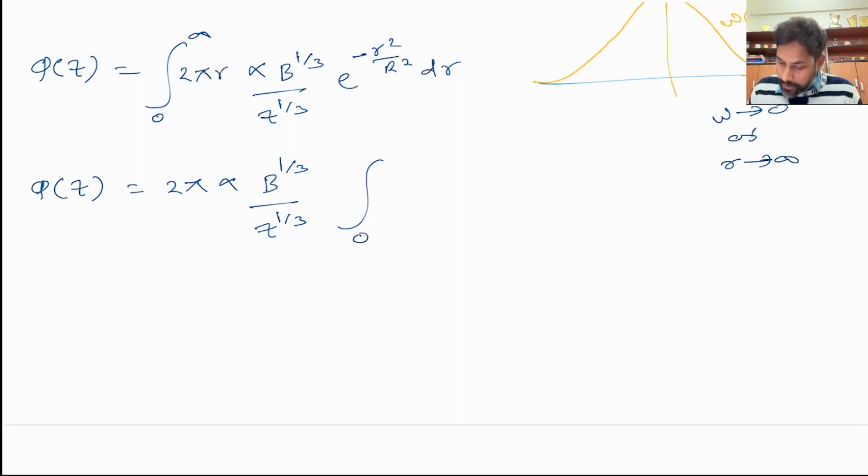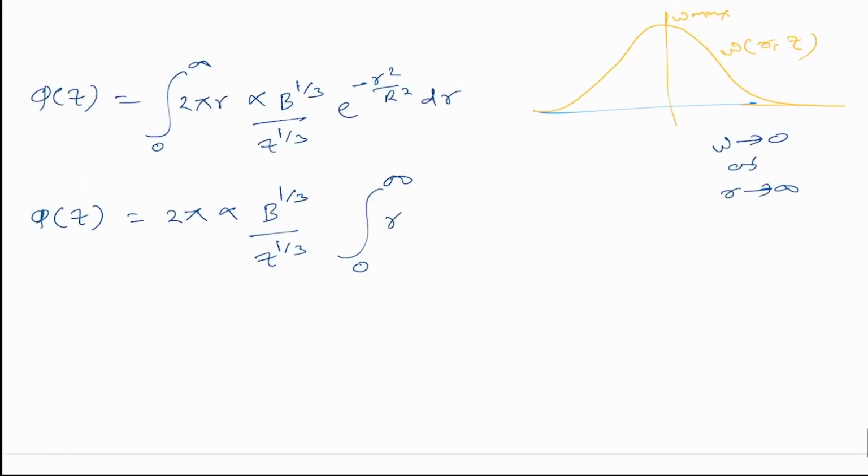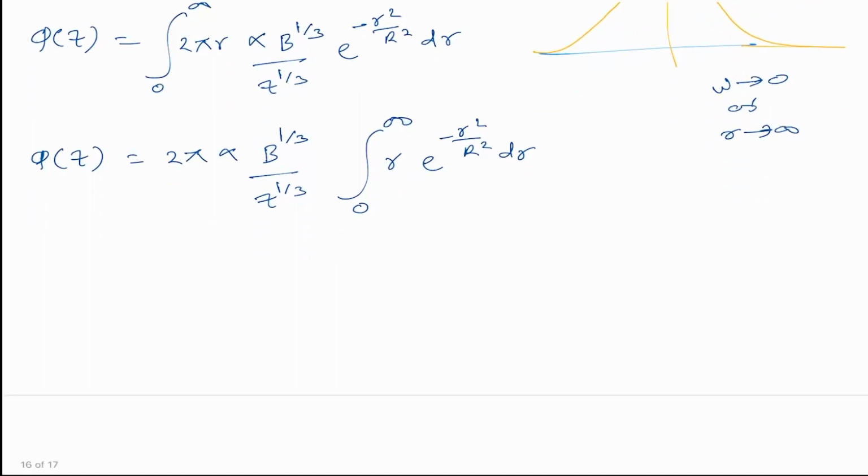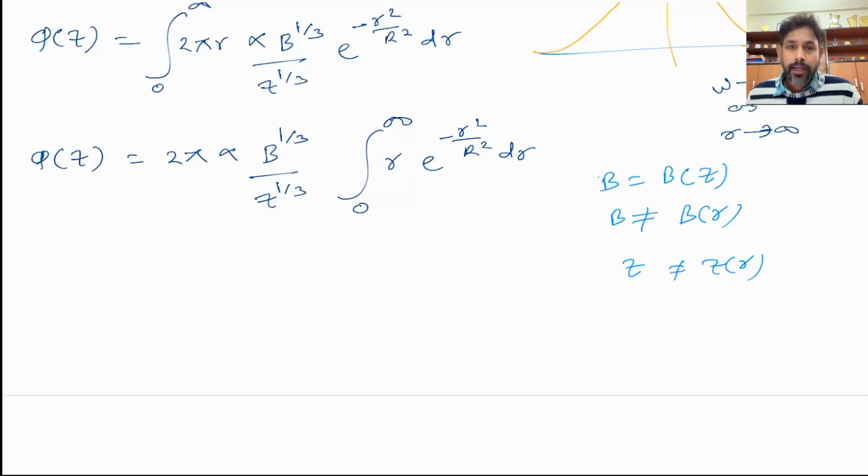Okay, so 0 to infinity r e to the power minus r square by capital R square dr. This is what we are left with. Okay, so b is a function of z only, so b is not a function of r, and that's why b has come out. And also z is an independent axis, so z is not a function of r. Okay, and that's why b and z are outside the integral.